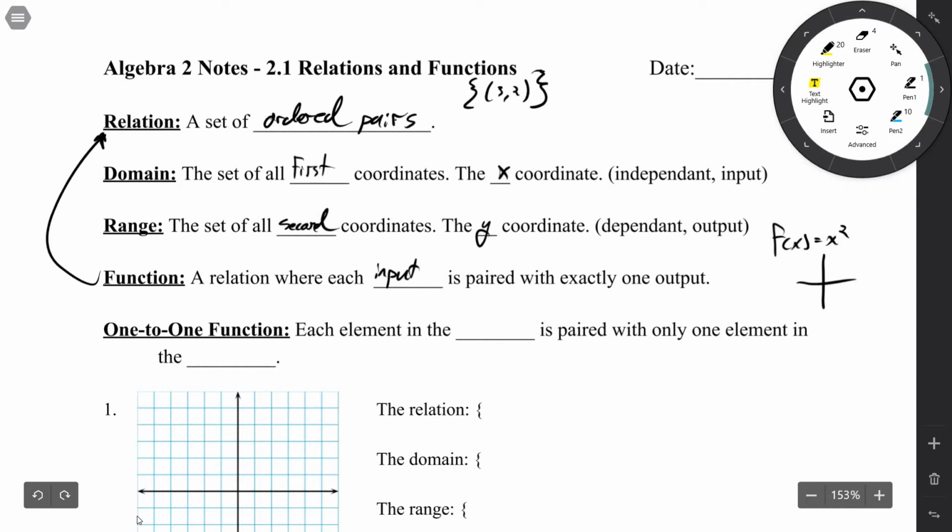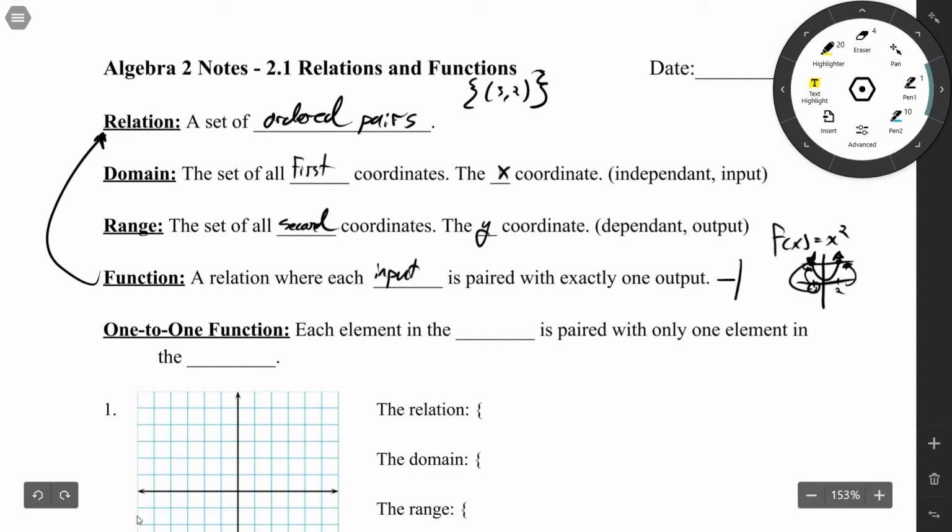That, I'm sure many of you are familiar with, is a graph that looks like this. Say we're looking at the output 4. We have two different ways we can get there. We can plug in 2. 2 squared would give us 4. We could also plug in negative 2, and that would give us 4. But this one input, this negative 2, will never give us anything else. It's always going to jump to 4. It's not going to go to anything else.